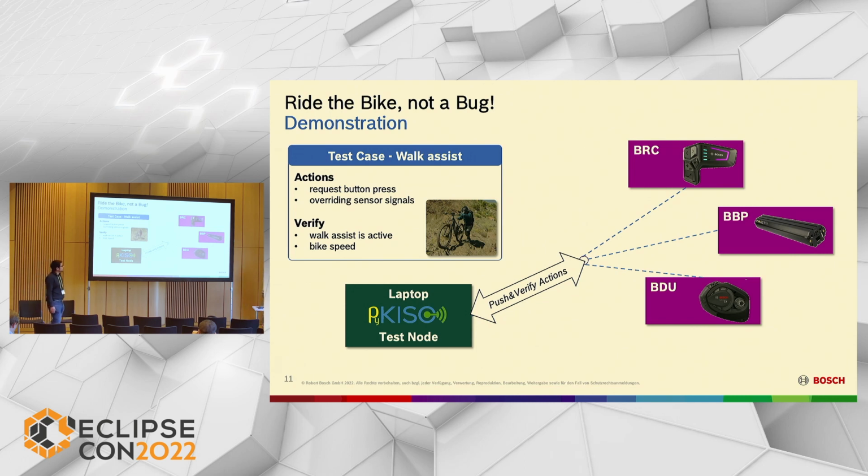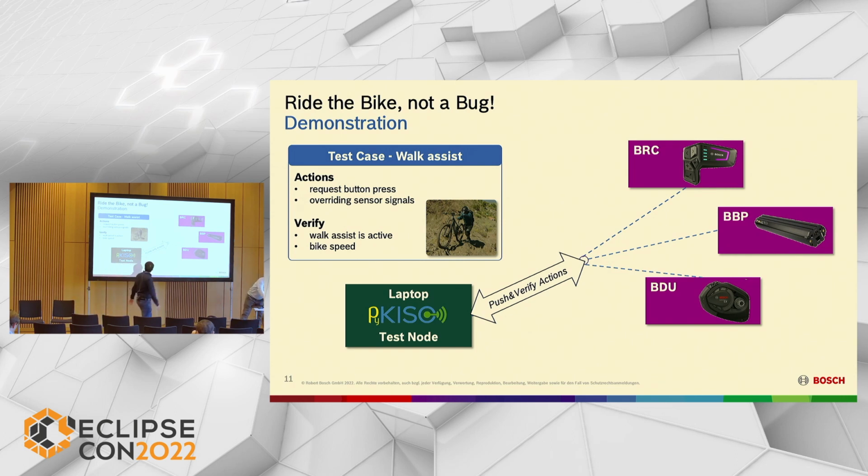In the normal use case, you would press and hold the down button, and then you have to push the bike or even tilt it, and the bike will give you torque support. This becomes quite handy if you imagine standing on a really steep hill and you want to push the bike upwards, because an e-bike is a little bit heavier than a normal bike.